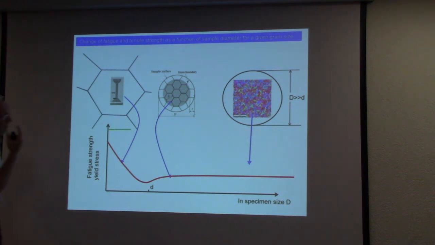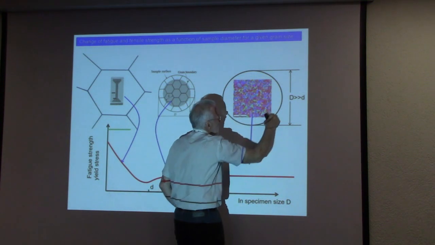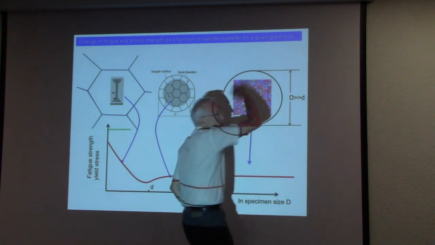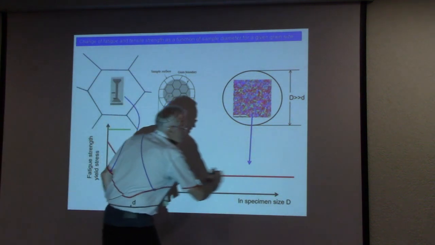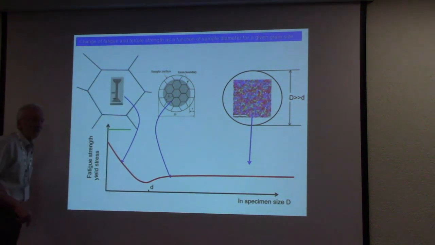If we are in the area where the microstructural size is very small compared to the diameter of our sample, then we are in a size-independent region for plasticity, for the yield stress, and also for fatigue properties of the material.